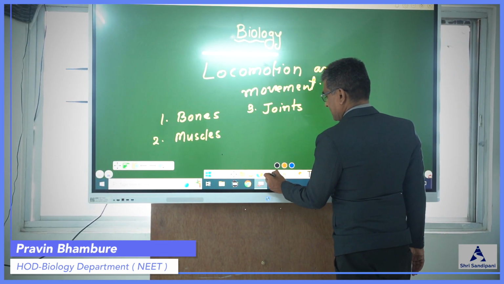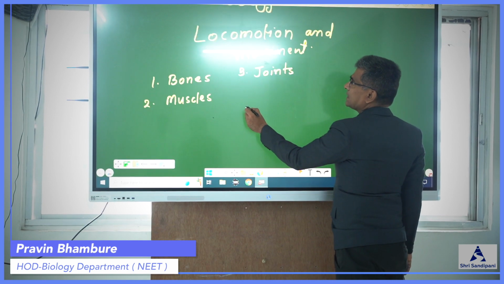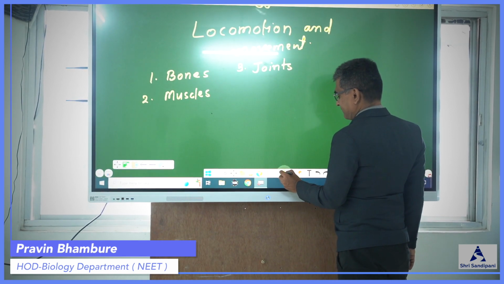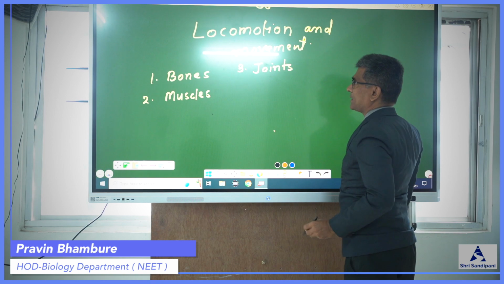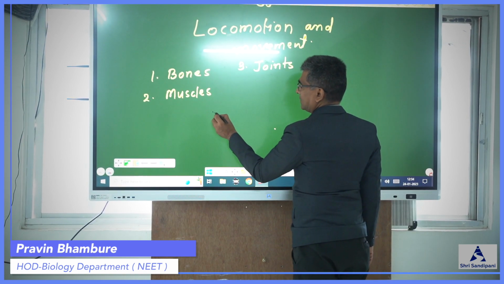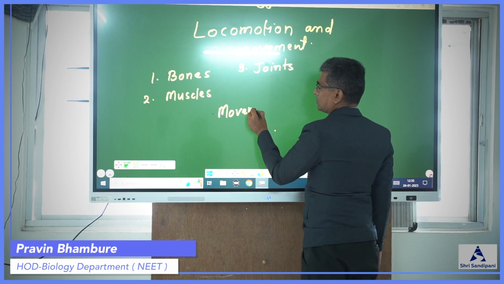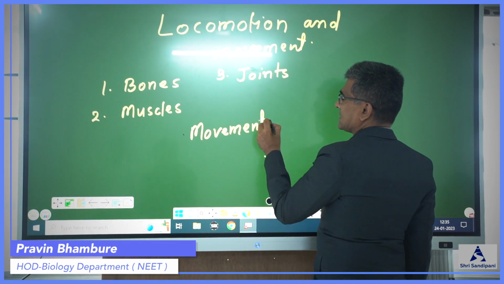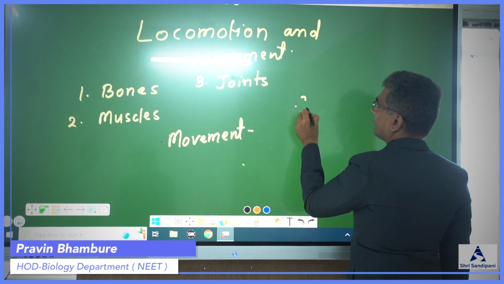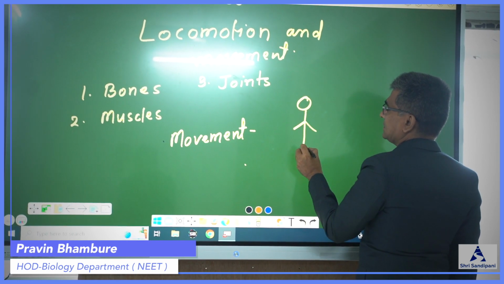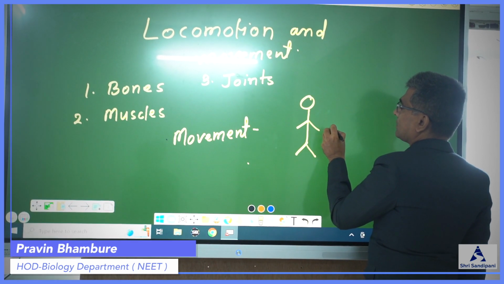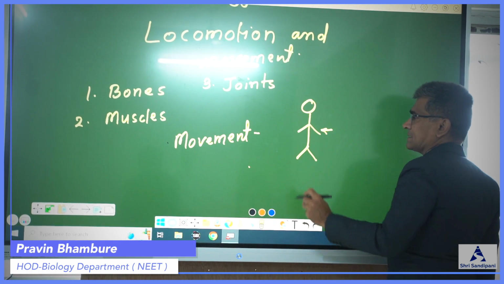Now, as a biology student, we need to understand what is the difference between locomotion and movement. So let us talk about movement first. Say for example, if this is one person and we are talking about these hands or legs.